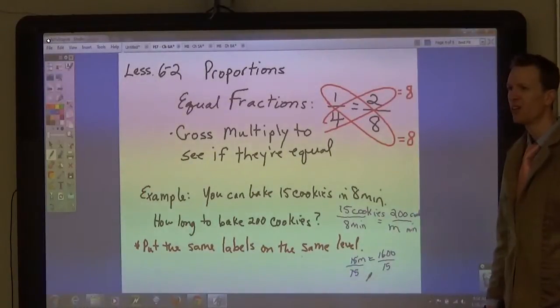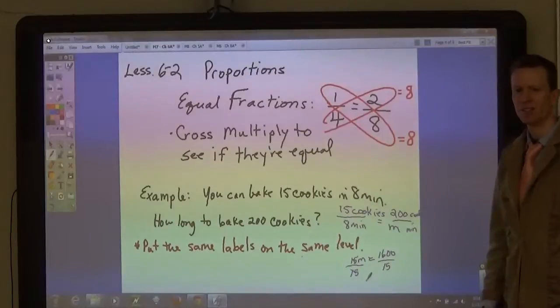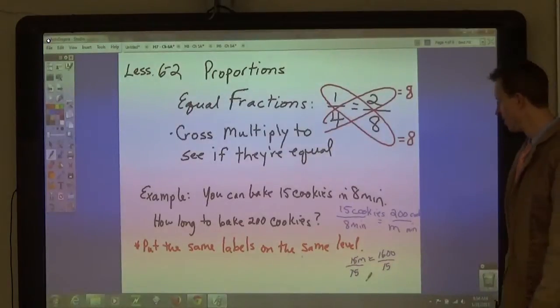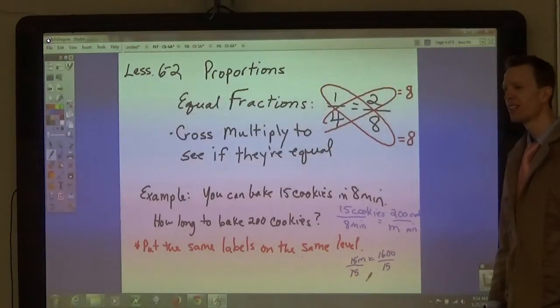What's 1,600 divided by 15? Don't guess, figure it out. It's 106, yep, 106 and 2/3. Good. So 106 and 2/3 minutes.